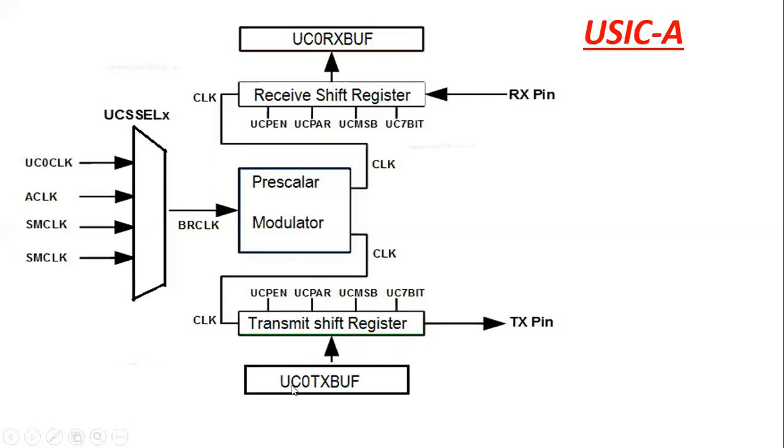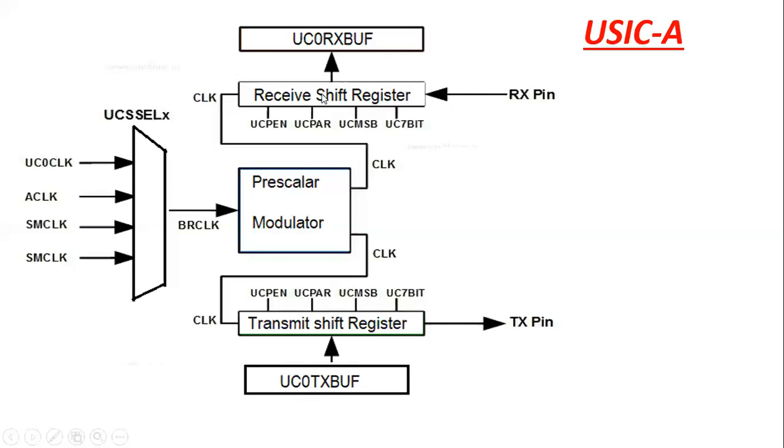Okay, so here also, to transmit data, first you have to place it in TX, the transmitter buffer. Once you place data in the transmit buffer, then for every one clock, 1 bit will be transmitted. Then come to the RX pin. This RX pin receives bit by bit again.